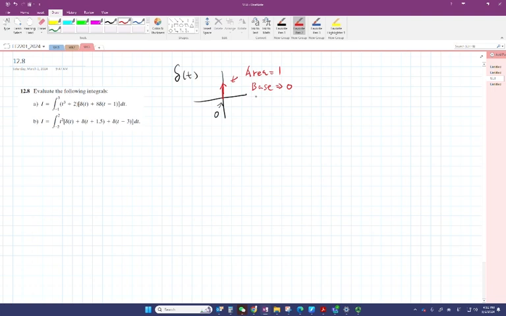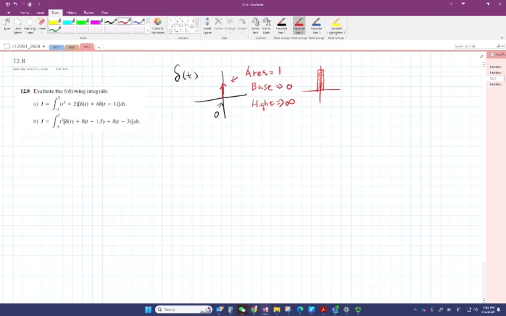To keep the area as 1, if this is a tiny rectangular shape and the base is very, very small, the height is going to approach infinity.